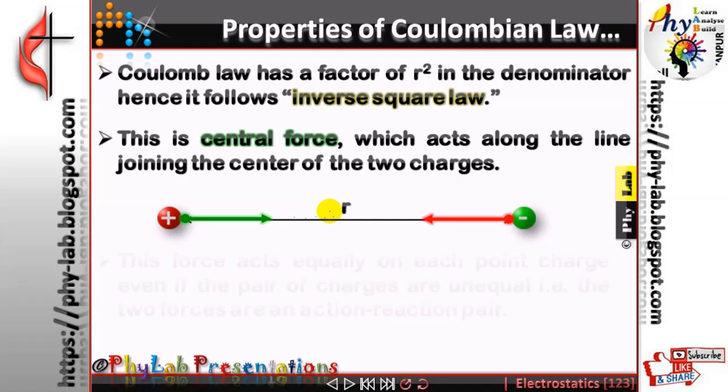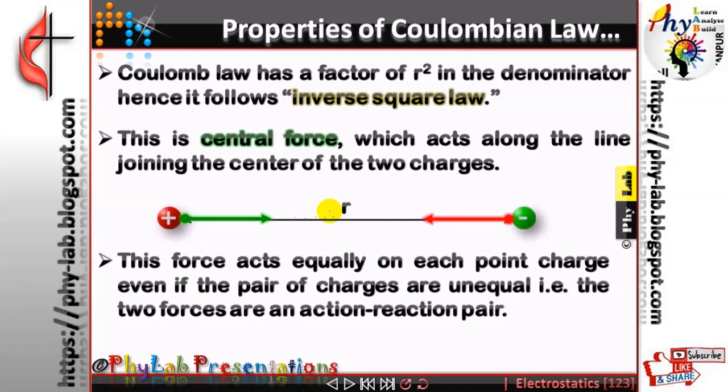The next property is that these forces are an example of an action and reaction pair. That means the magnitude of the force by which the negative charge pulls, so let me call this charge A while this charge B. So the pulling force of B on A or the pulling force of A on B, both of these forces will be equal in magnitude.